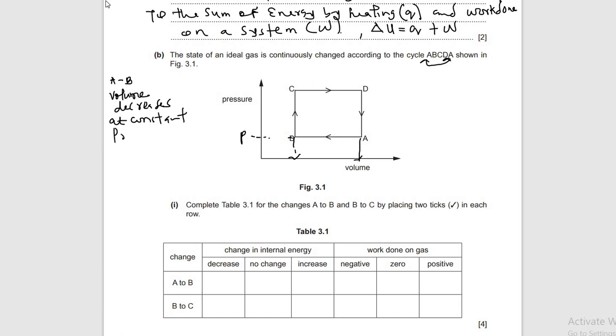Now the pressure is constant. And the first thing is that the volume decreases. Since the volume is decreasing, work is done not by the system, but on the system.